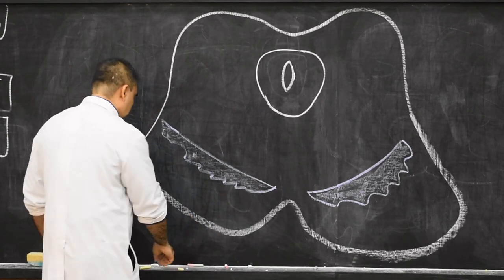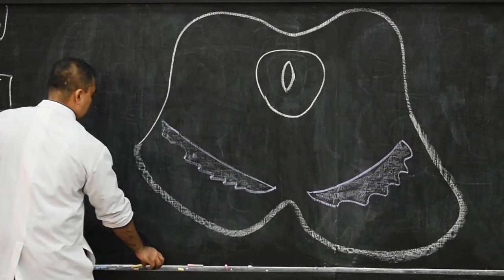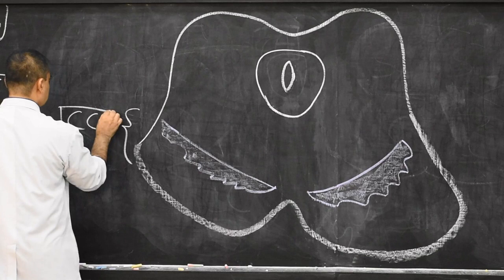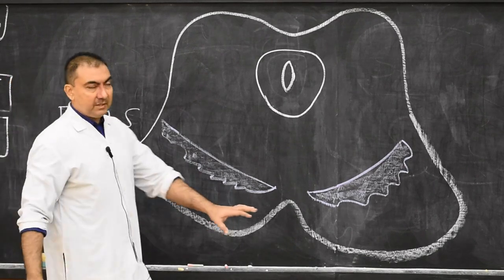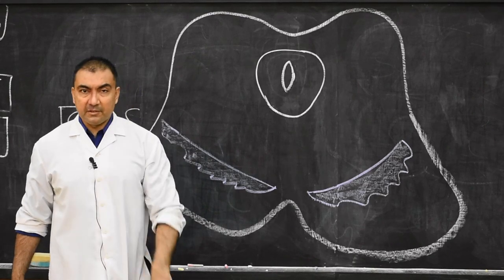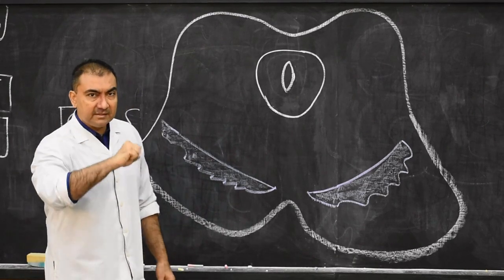So therefore now crus cerebri. This section over here, we will name this much as crus cerebri. What are the components of crus cerebri? Crus cerebri will contain ascending and descending tracts. So what are the major tracts here?